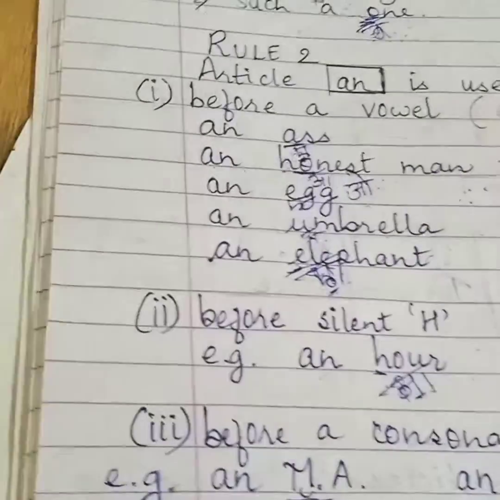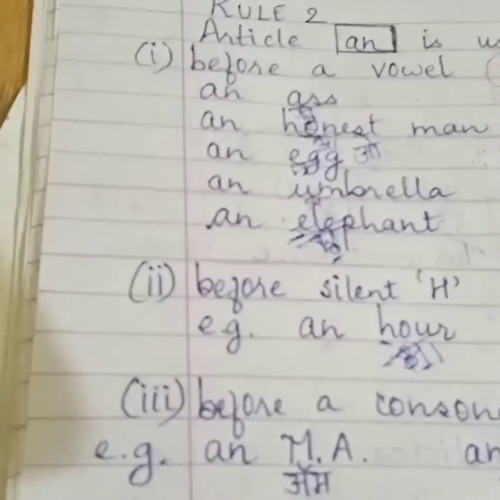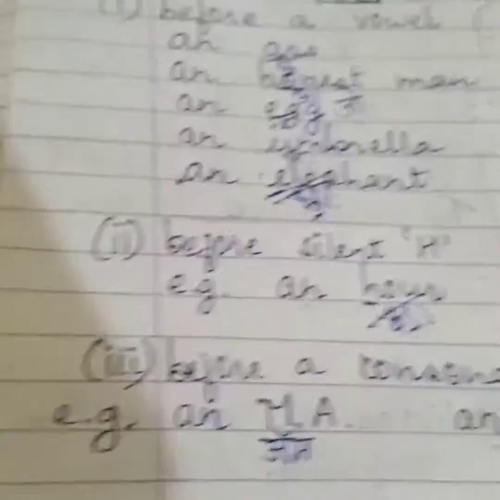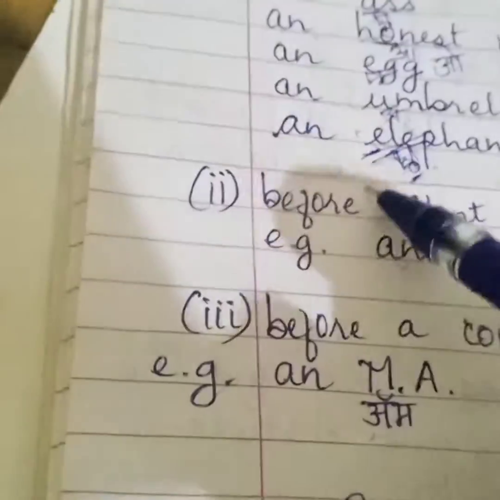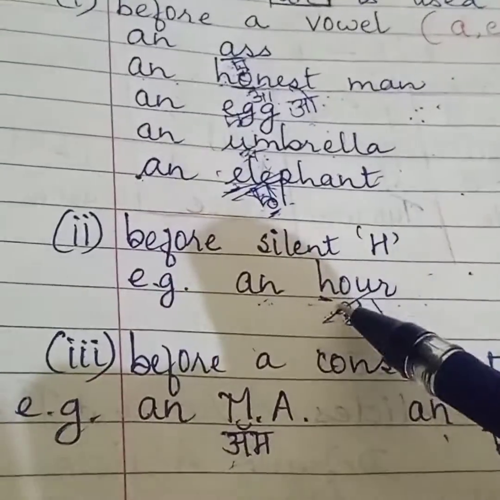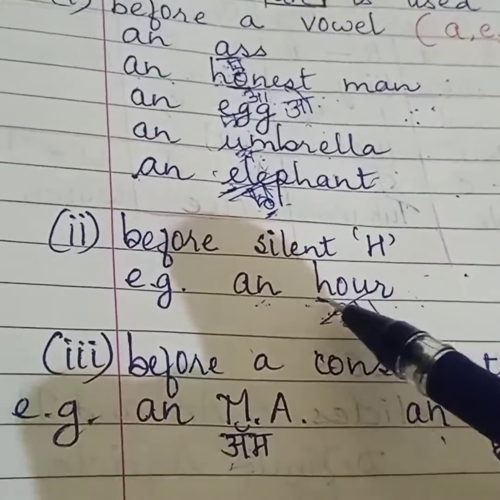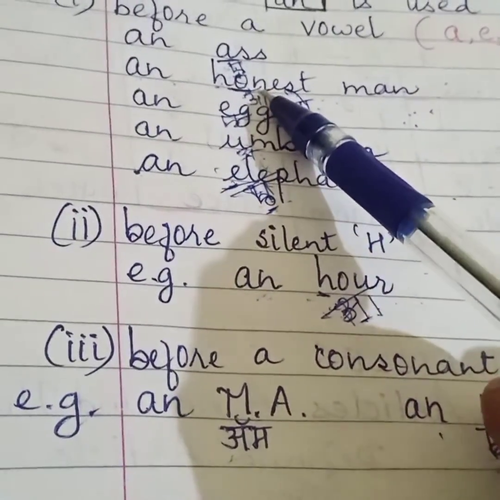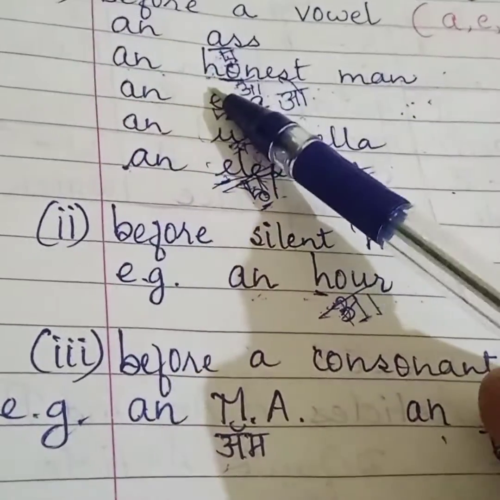Now, when else can the article An be used? Before silent H. This I have already explained to you. Say, for example, an hour. Here in this word also, just like in honest, H remains silent.